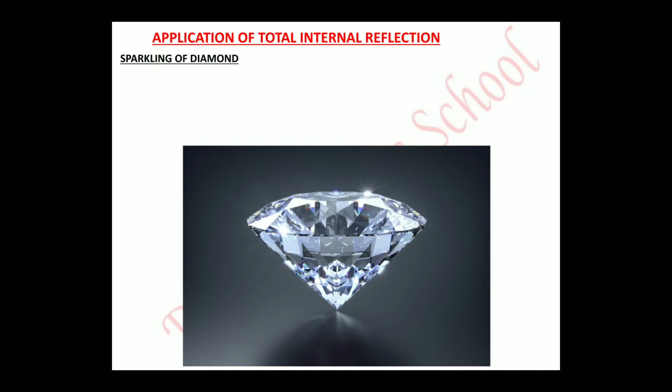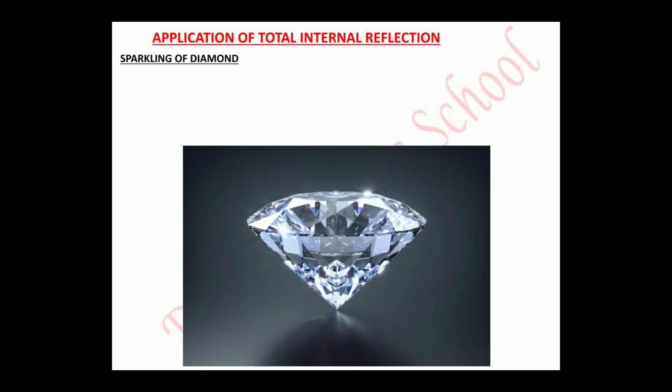The refractive index of diamond is very large, about 2.42, and that's why its critical angle is very small, because sin C is equal to 1 upon mu. The faces of diamonds are so cut that the light entering the diamond suffers total internal reflection repeatedly, and that's why the light is collected inside the diamond and comes out of the diamond from very few faces.